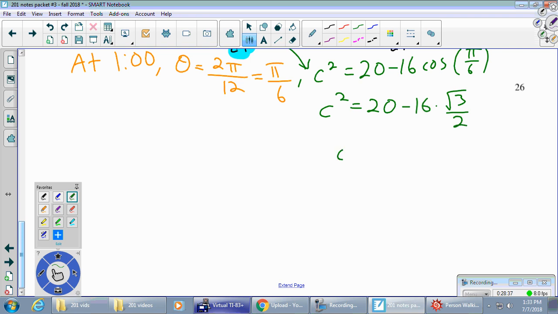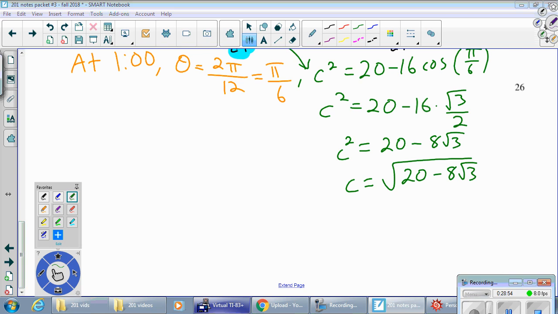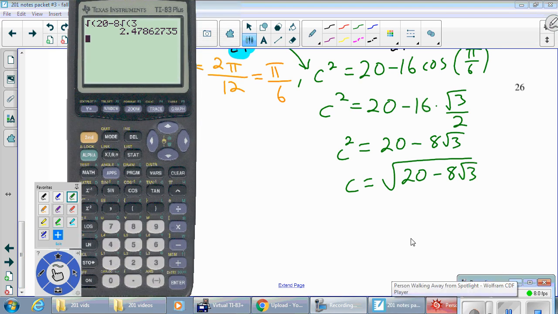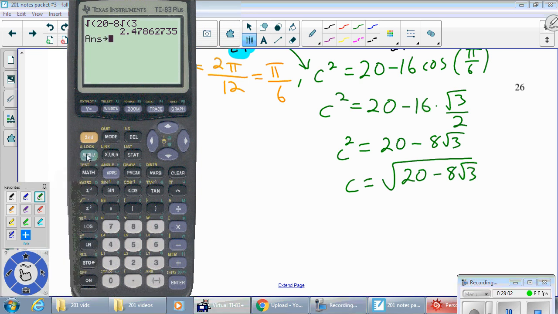So c squared is equal to 20 minus, the 16 and the 2 reduce to an 8 over 1, so 20 minus 8 root 3, and therefore c is the square root of 20 minus 8 root 3. I just typed that onto the calculator to get a decimal. I'm going to store this as c because I think we're going to use it later on. So about 2.48.